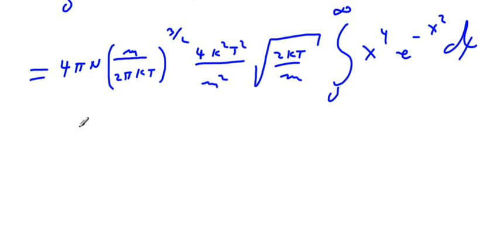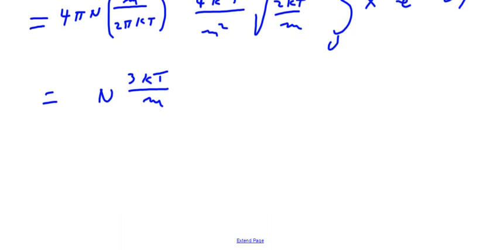It looks like we're going to skip a whole lot of steps and say that this is going to be n over 3kt over m. So we started with... okay.